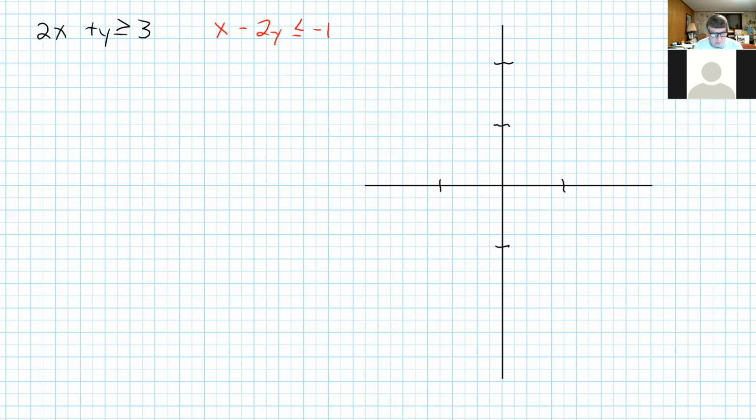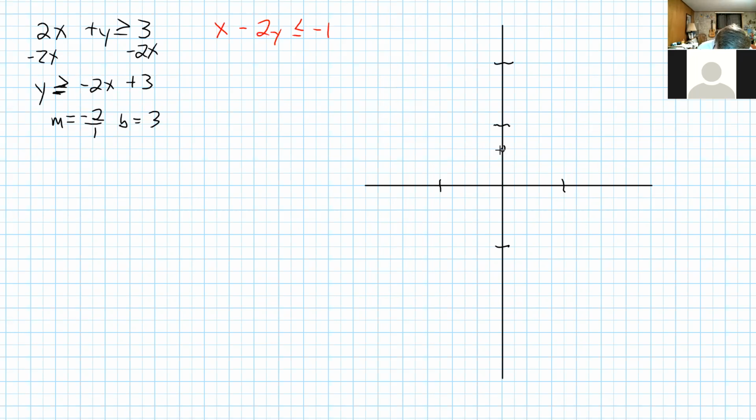All right, so I'm going to take this first inequality, the one that's written in black, and I'm going to solve it for y. So I'll subtract 2x from both sides, and I get y is greater than or equal to -2x plus 3. So the slope is -2, and the y-intercept is 3.